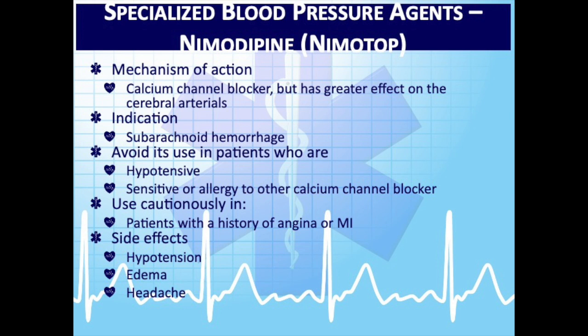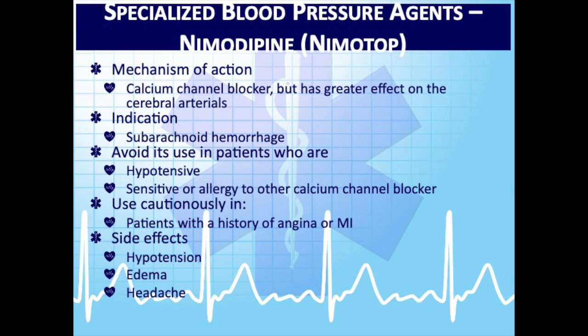This one's a little bit different than Cardizem because it has a greater effect on the cerebral arteries. The only indication in which you would use Nemotop is for subarachnoid hemorrhages. And it's pretty good at reducing that arterial pressure itself. Things you want to monitor for: hypotension, sensitivity.